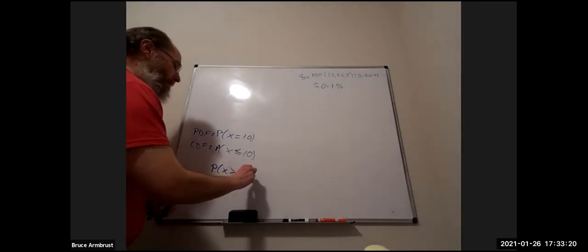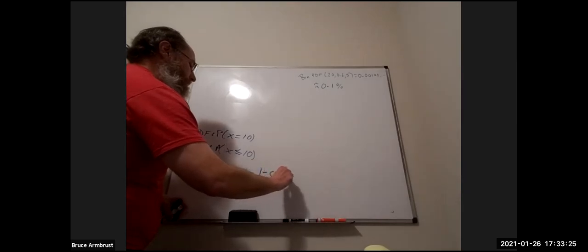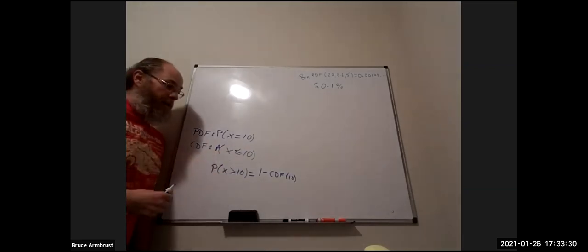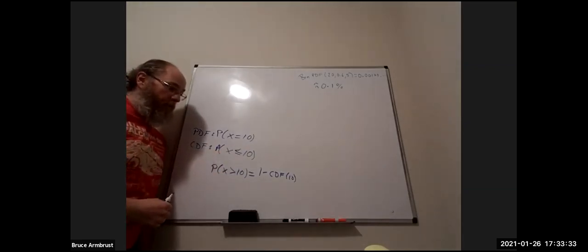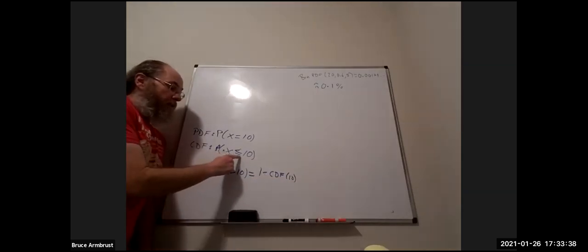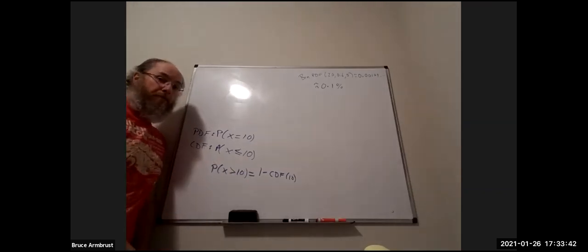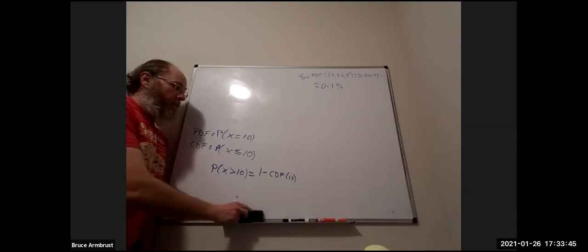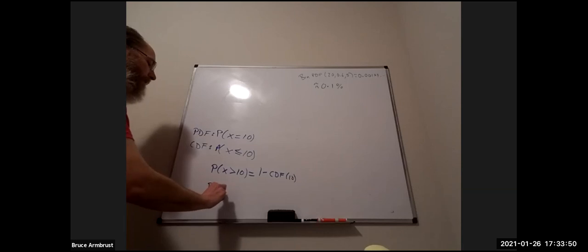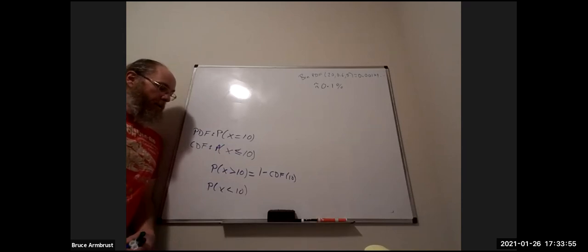So this is going to be 1 minus CDF, and I'm going to put 10 in parentheses just because we're dealing with the number 10. CDF of 10 gives us the probability of less than or equal, so greater than is 1 minus that.